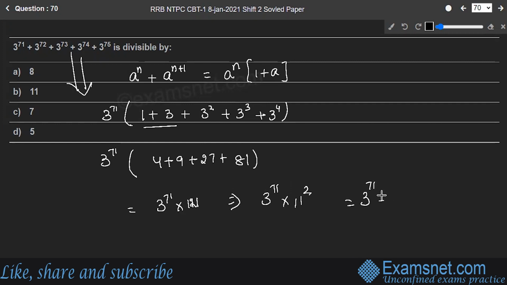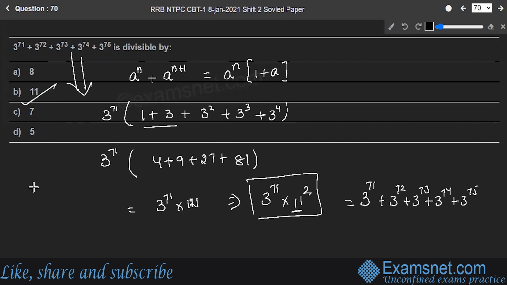Now 3 is not in the options, but 11 is in the options. So this is the answer, Option B. Hope you got this. Let's move to the next question, number 71.